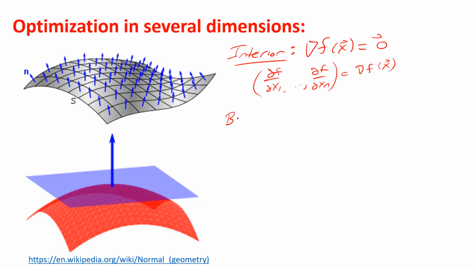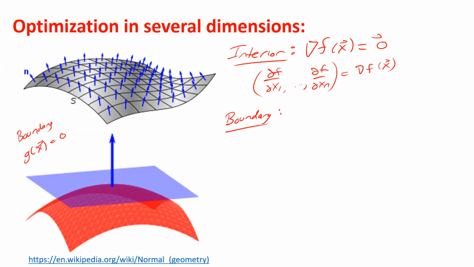And what about the boundary? Unlike one dimension, there are now infinitely many points on the boundary, so it's a little bit non-trivial. You make the boundary into a line and then evaluate the function along that line. What do you mean by make it into a line? The boundary could be several dimensions.